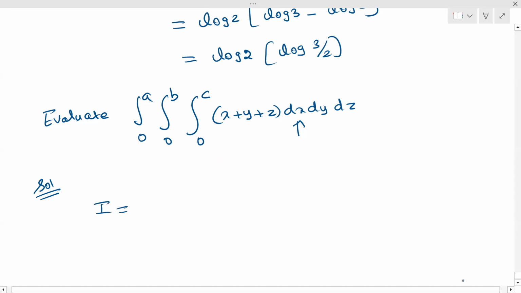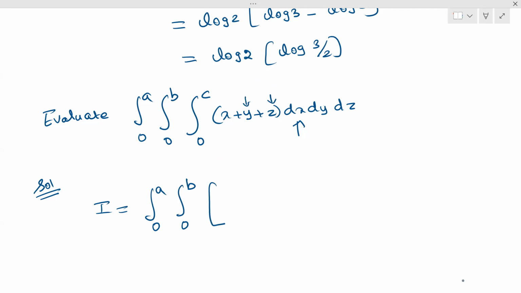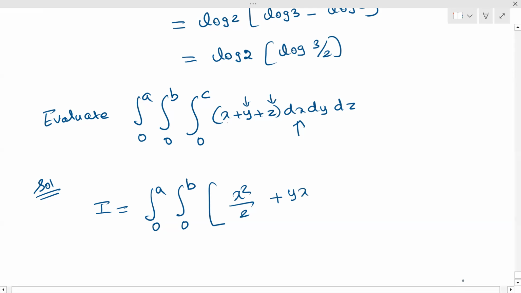So, what to do? First, write the outer integration and middle integration as it is. When we do the inner integration with respect to x, we treat the other variables y and z as constants. First, the integration of x is x squared by 2. The second term is y, and y is nothing but a constant, so the integration of y is yx, plus the integration of z, that is zx.